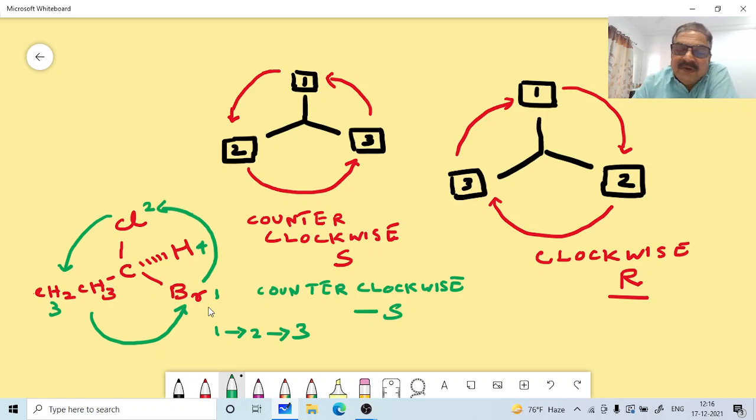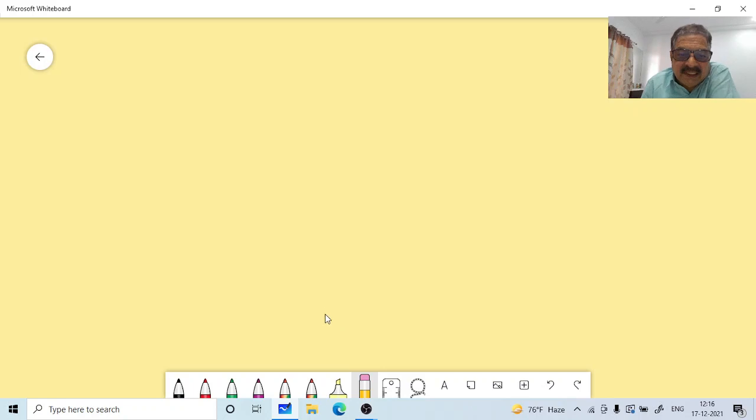Okay. Now the problem will come when the lowest priority group is not in the back. What should be the position here? That is what is slightly interesting.